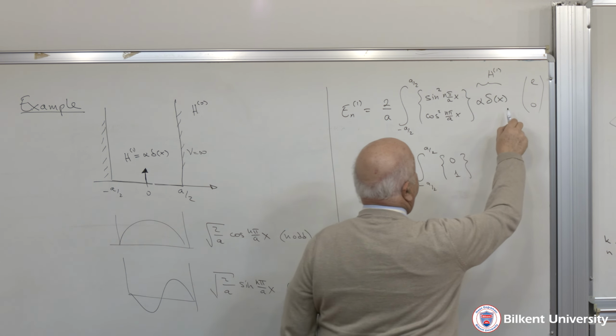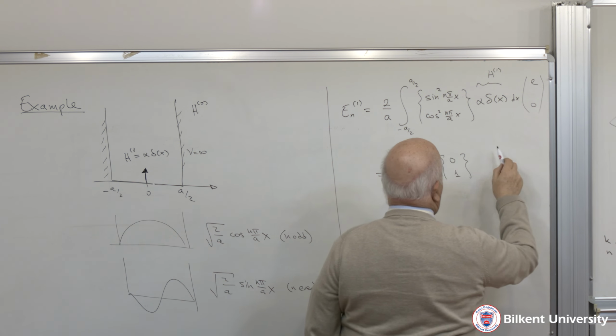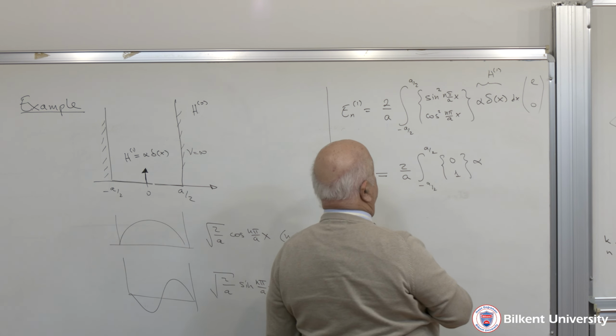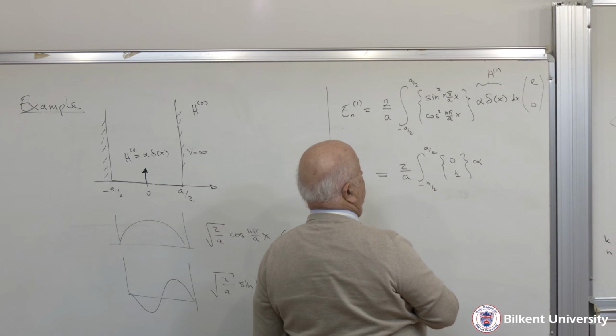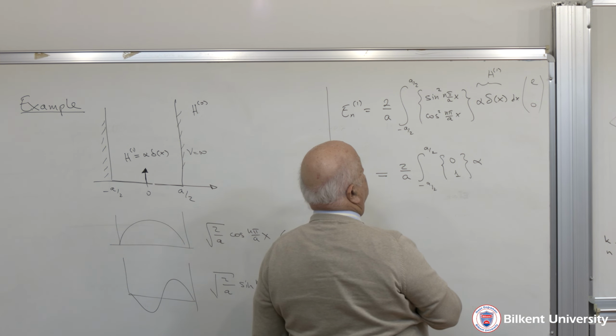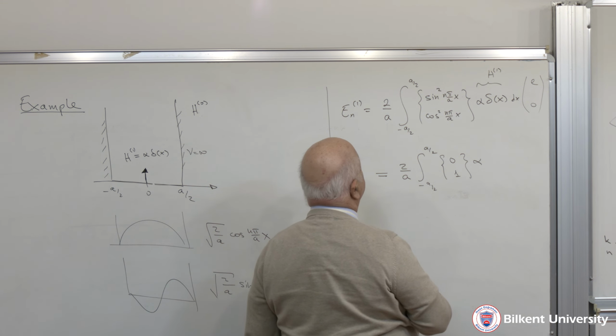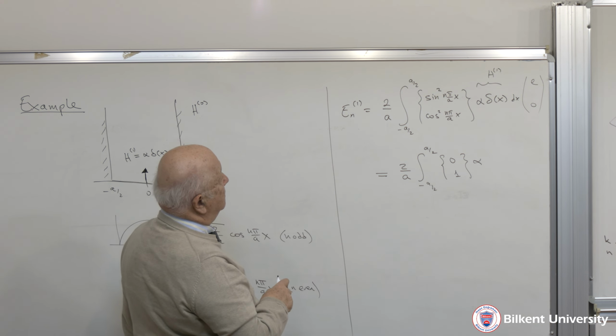After this integral, there's a dx someplace, and there's an alpha. Let's see. 0 or 1.